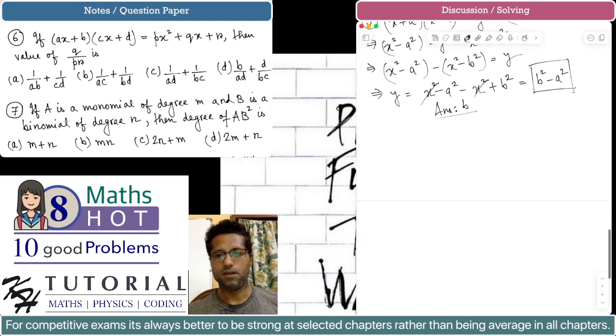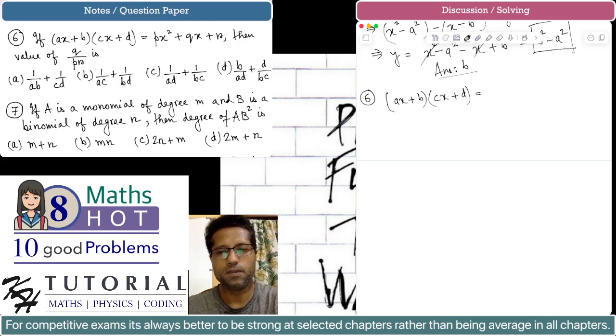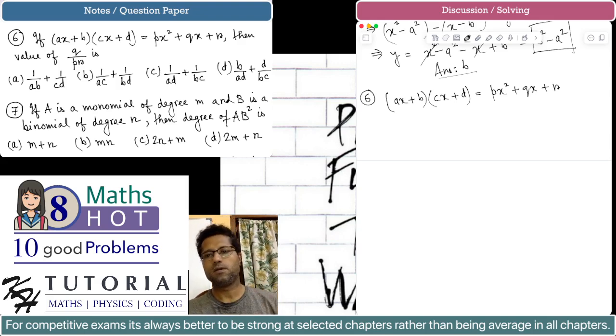Okay, let's do problem number 6. It is given that ax plus b multiplied by cx plus d is equal to px square plus qx plus r, then the value of q by pr is, okay.